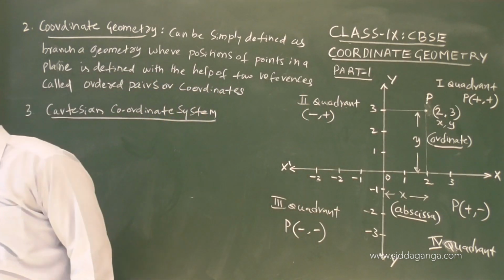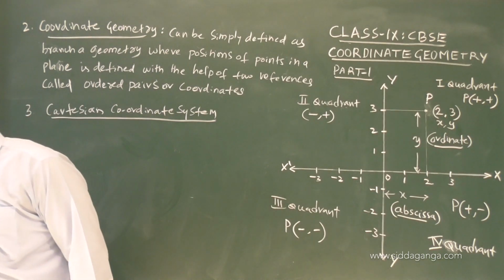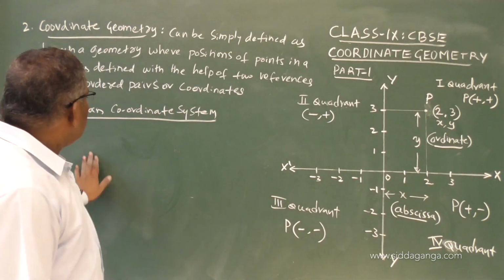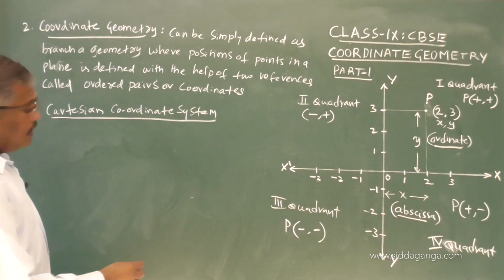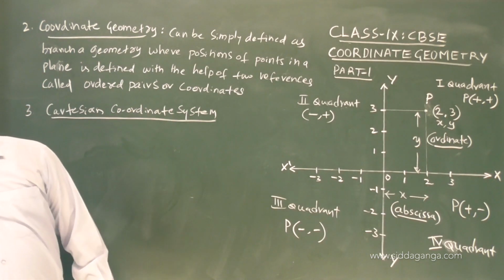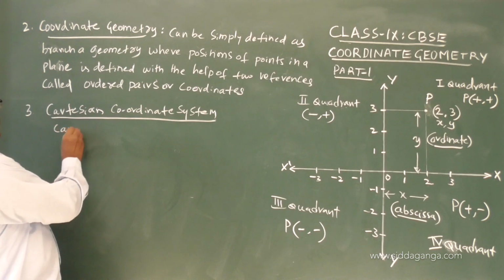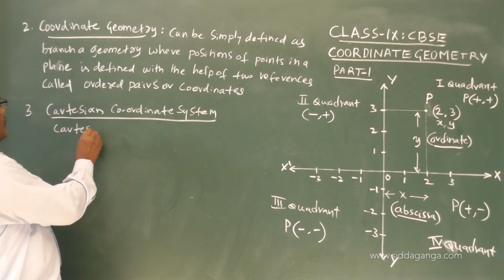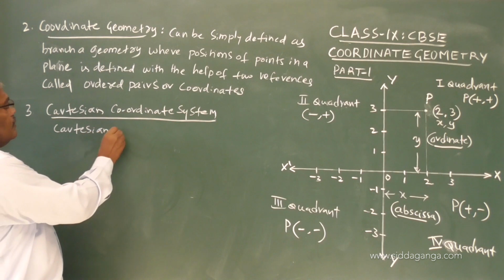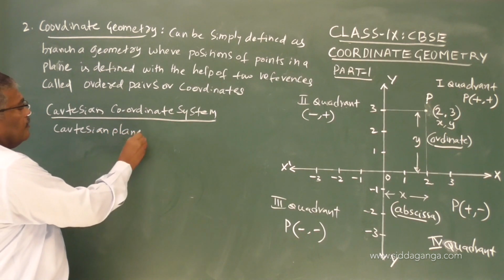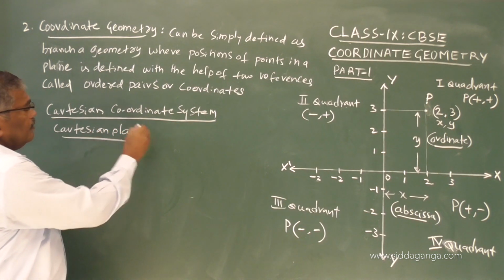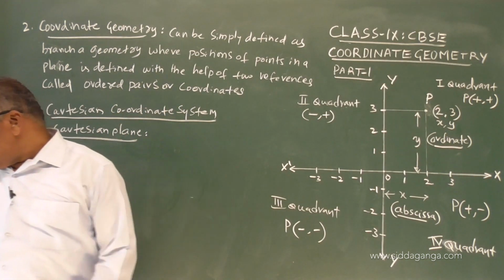This is known as the Cartesian coordinate system. Now under that I will define the Cartesian plane. You should know the meanings of these words.